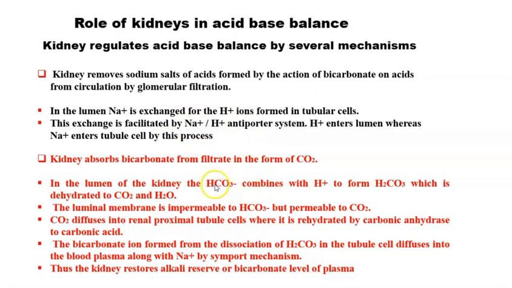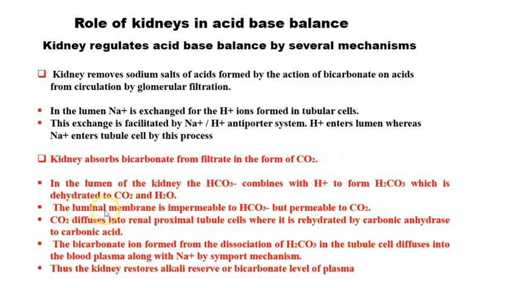So now the bicarbonate ions combine with the hydrogen ion to form carbonic acid in the lumen of the kidney. Then in that same lumen, it disintegrates into CO2 and water, carbon dioxide and water. Why is it doing that?